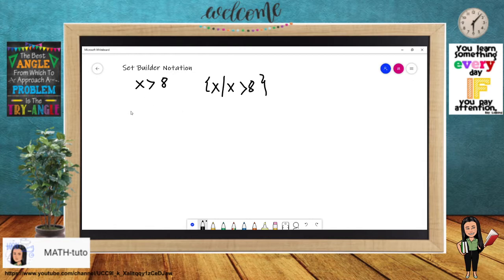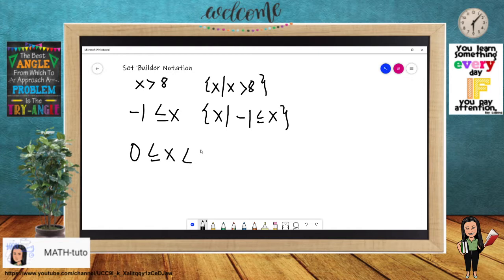Okay? So, doon sa pangalawang solution set, so we have the set of all x such that x is greater than negative 1 or negative 1 is less than x. Okay, and then for the third one, so we have x is greater than or equal to 0 but less than 7.